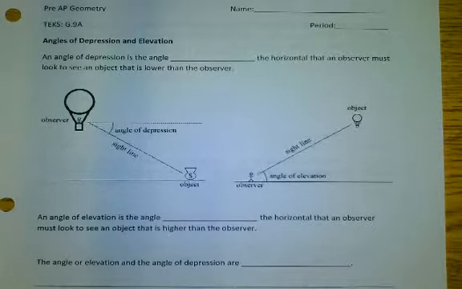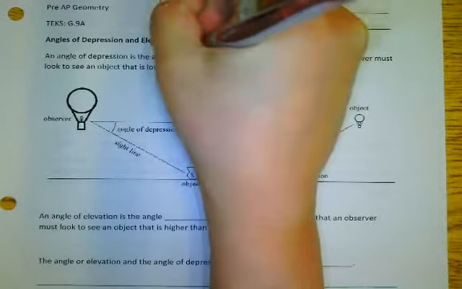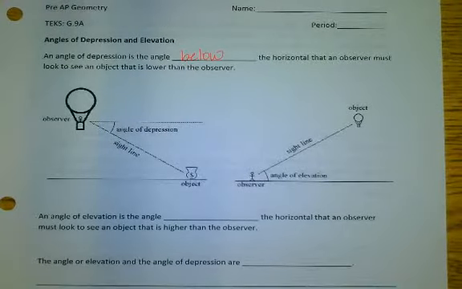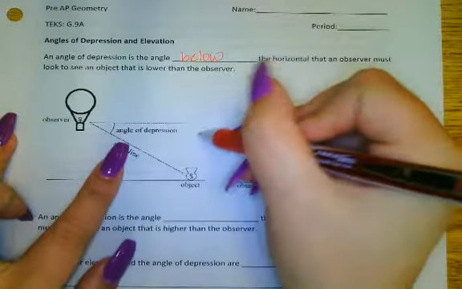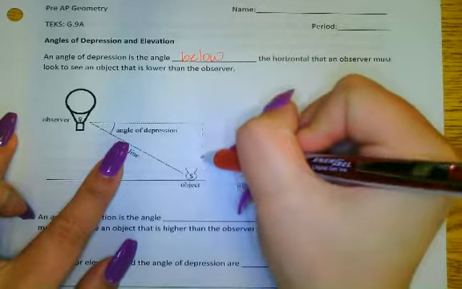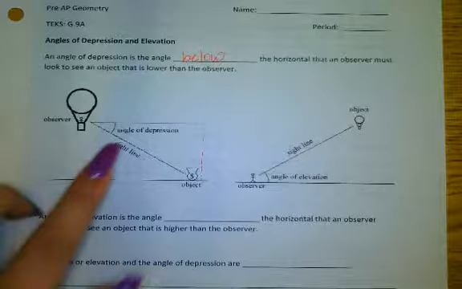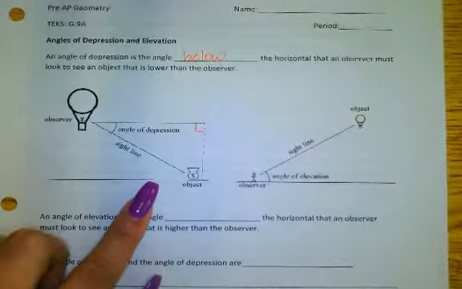An angle of depression is the angle that is below the horizontal that an observer must look to see an object that is lower than the observer. In short, the angle of depression is always going to be made up of an upside down triangle with the right angle at the top.